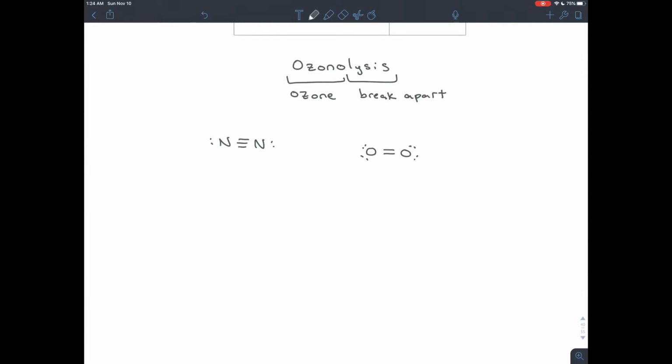But a tiny, tiny amount of this dioxygen reacts with itself and becomes a separate molecule called ozone. And that looks like this. Now you'll notice that these lone pairs here are allylic to this pi bond. So ozone actually exists in resonance. This is not the true structure.